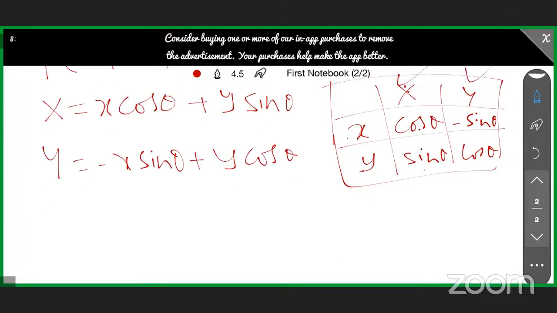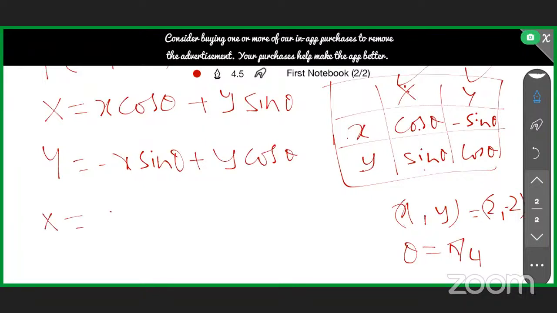Now, I know my small x and small y values, that is (2, -2), and theta is pi/4. Now we have to substitute everything. X is equal to 2 into 1/√2 plus (-2) into 1/√2. That means this one and this one get cancelled, correct, no?